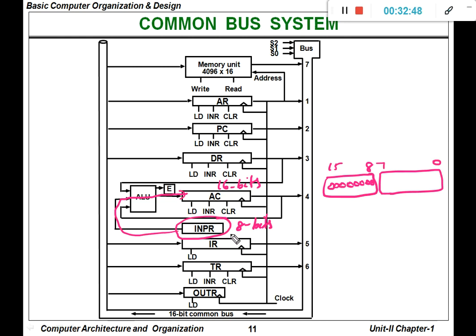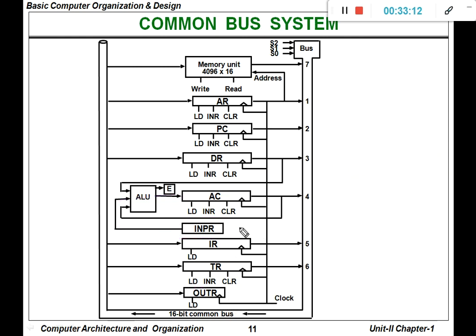However, you can see the same type of register, OUTR. This OUTR has no output going from it, and there is no input to the INPR. There is no output from the OUTR. So what does it mean?